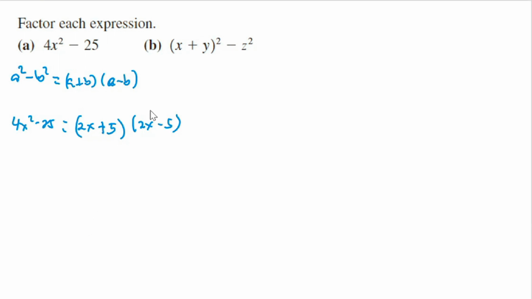All right, so for letter b, we have the square of x plus y minus the square of z, or z squared. So this one will be the first term, and this one is the second term. The first term is a perfect square, and it is in binomial form. So we just take the square root of this. The square root of the square of x plus y is just x plus y.